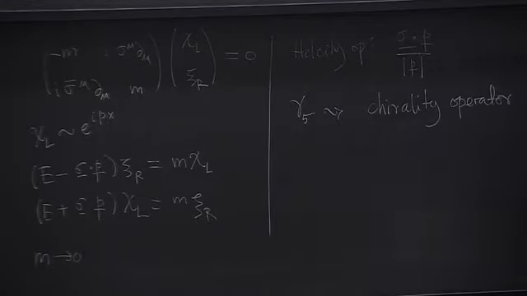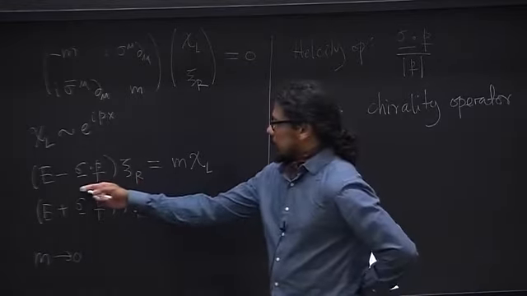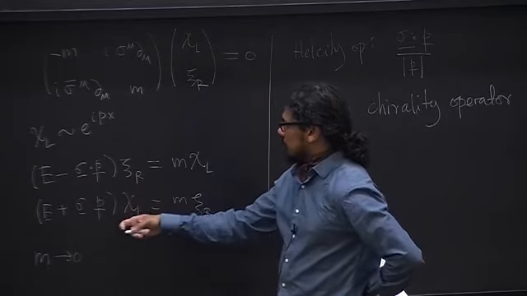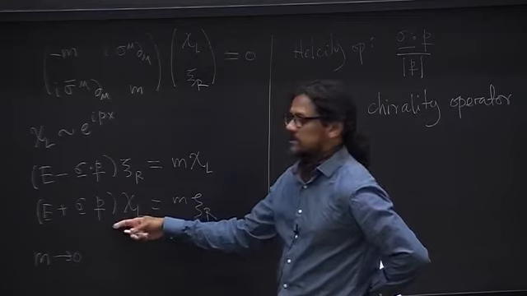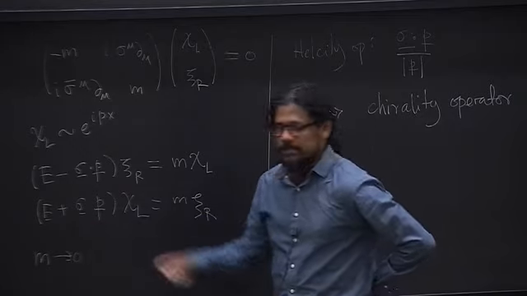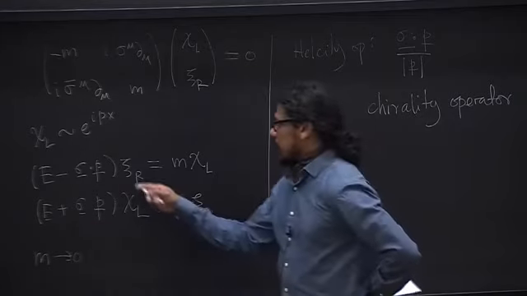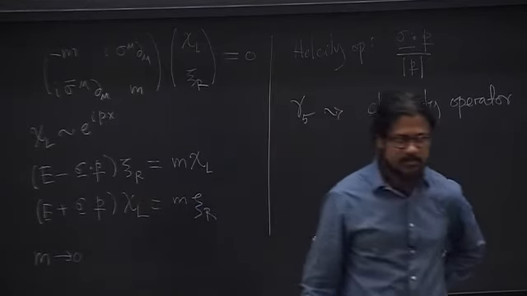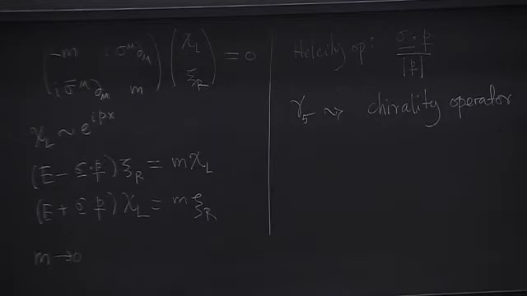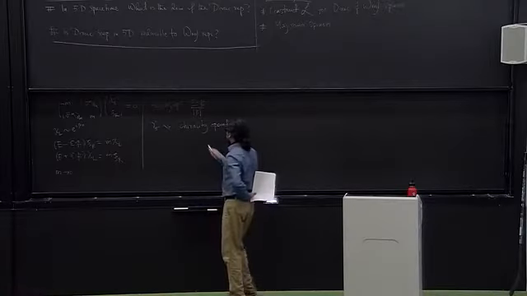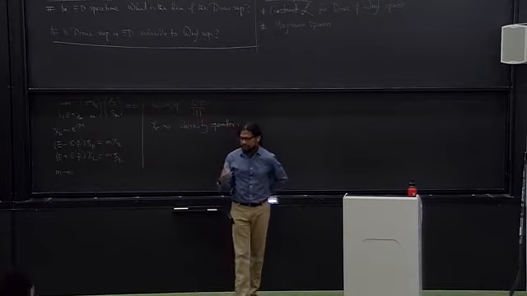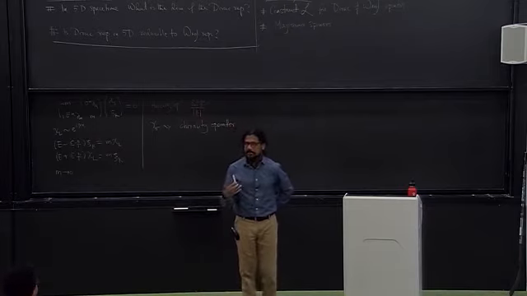So we can see that in the massless limit, the left-handed Weyl spinor is an eigenstate of the helicity operator, and the right-handed Weyl spinor is also an eigenstate of the helicity operator. So in the massless limit, the chirality eigenstates and the helicity eigenstates are the same. They become identical.